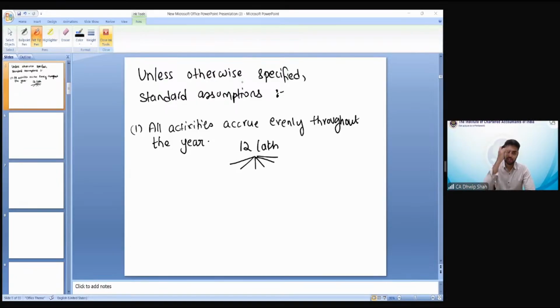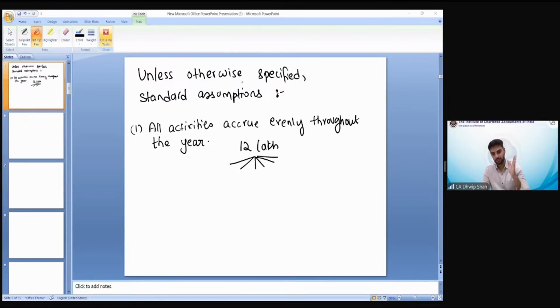But this assumption holds only unless otherwise specified in the question. If the question specifies, then this assumption will not hold true. But if nothing is specified, then all activities accrue evenly throughout the year. Means if sales is 12 lakh, then every month it would be 1 lakh. If purchase is 6 lakh, then every month it would be 50,000.